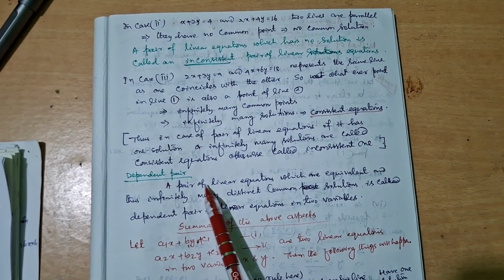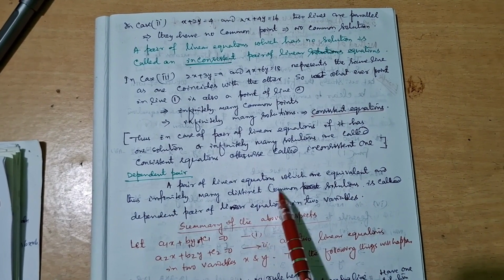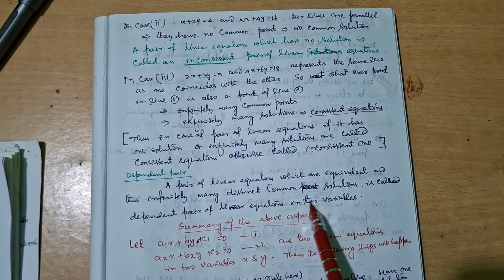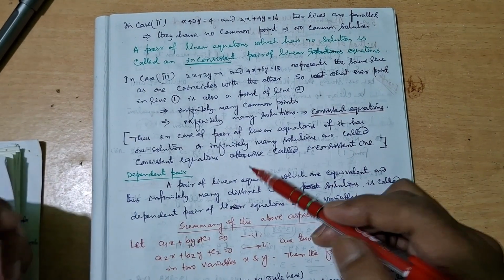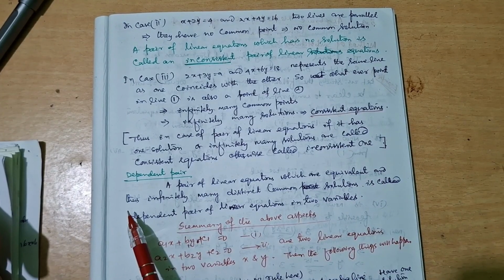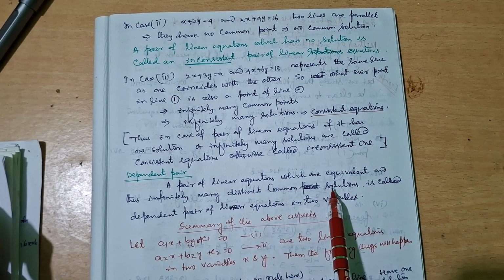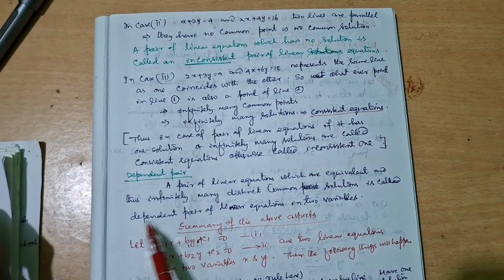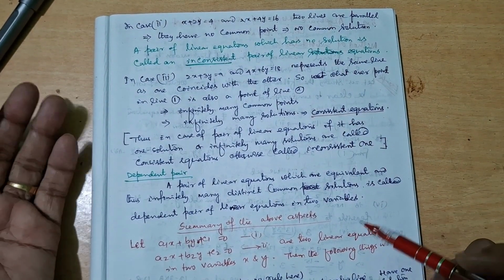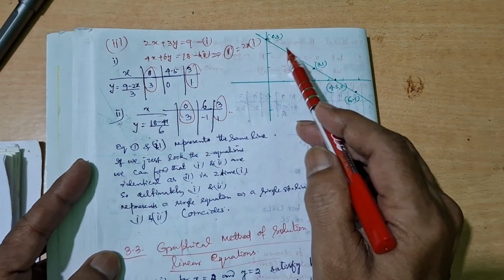Dependent pair. A pair of linear equations which are equivalent and thus have infinitely many distinct common solutions is called a dependent pair of linear equations in two variables, because dependent means one depends on the other.